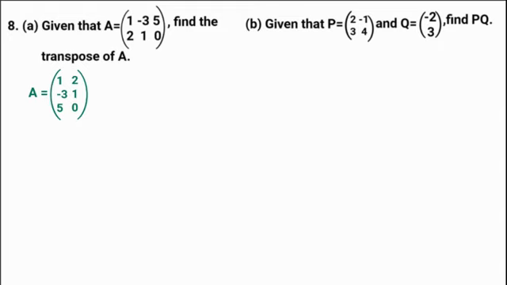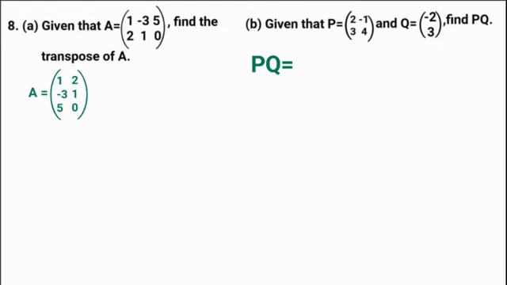Okay, now we can go to the next question, which is 8b. Given that P is equal to (2, -1; 3, 4) and Q is equal to (-2; 3), find PQ. So we are trying to find the value of PQ.